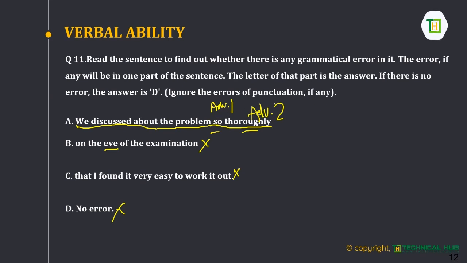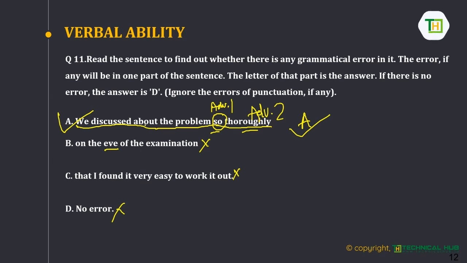So that's why option A is going to be your answer, that there is an error. Whether you use so or thoroughly, that could be your answer. Okay, so option A is the answer because there is an error in it. This type of question you frequently get in all the competitive exams or placement tests, so you must be very careful while you are solving this.